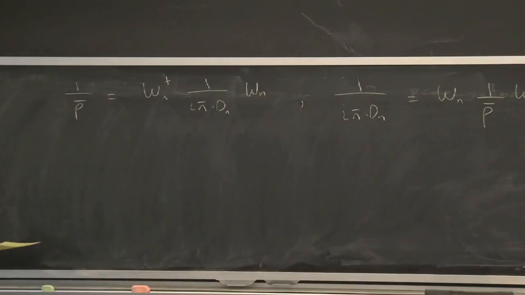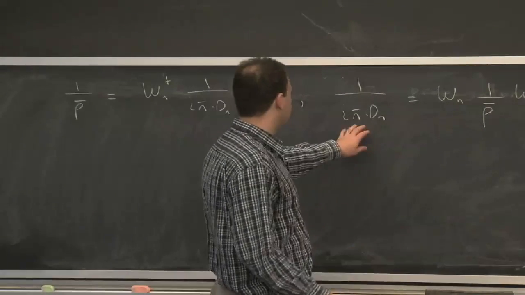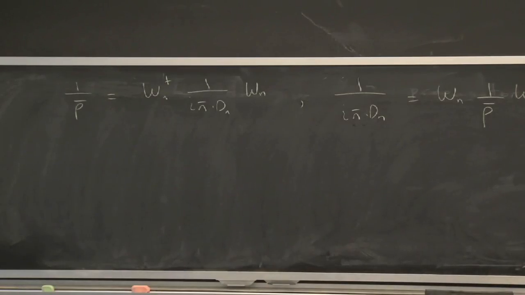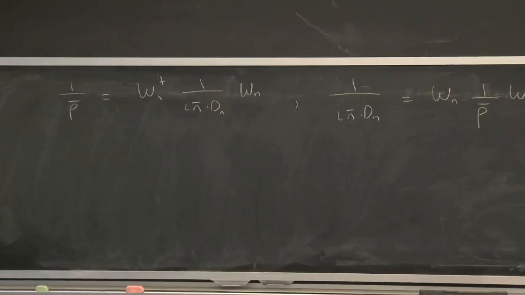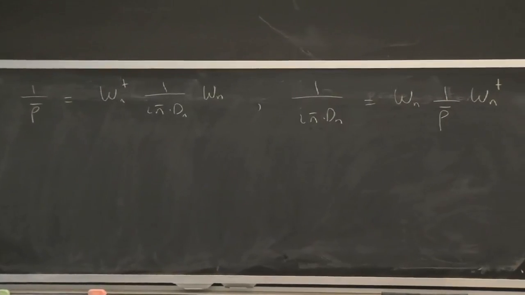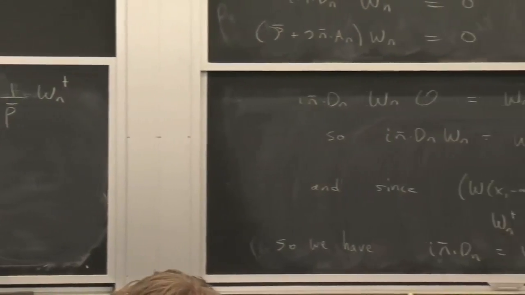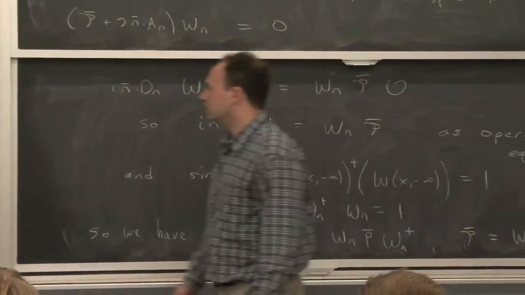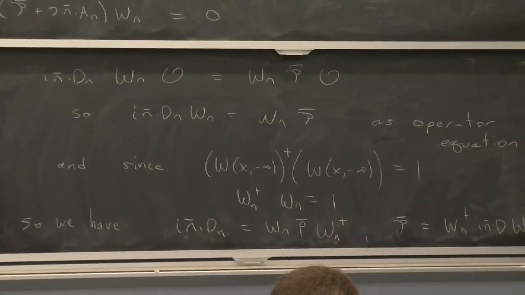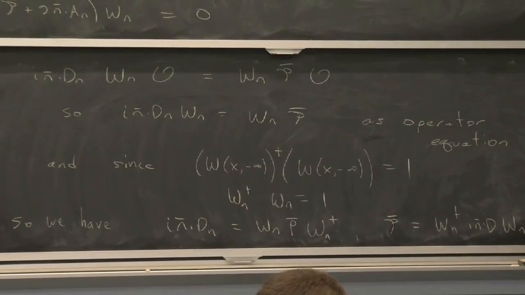But these two equations are true, which are kind of the inverse of those equations. So how do we check that? Well, just multiply this times this, you should get 1. Right? And if I multiply, say, on the right here, then the W dagger here kills the W dagger, and the p bar kills the p bar, and then the W kills the W dagger. So those are true.